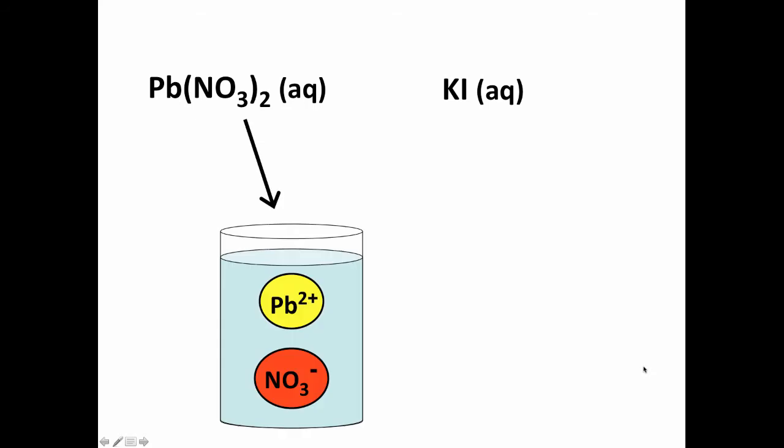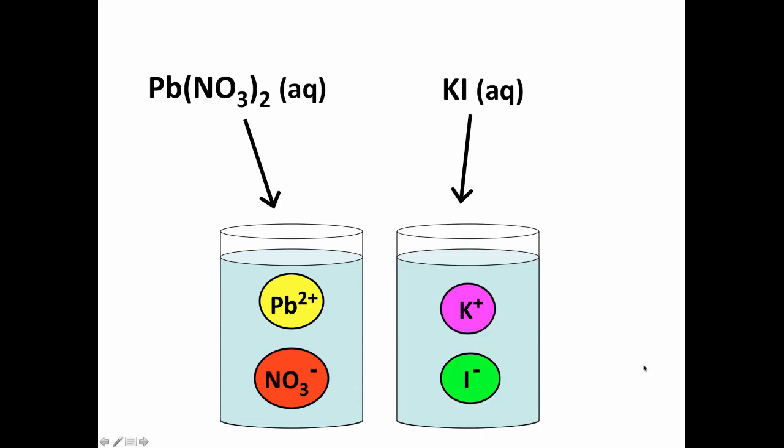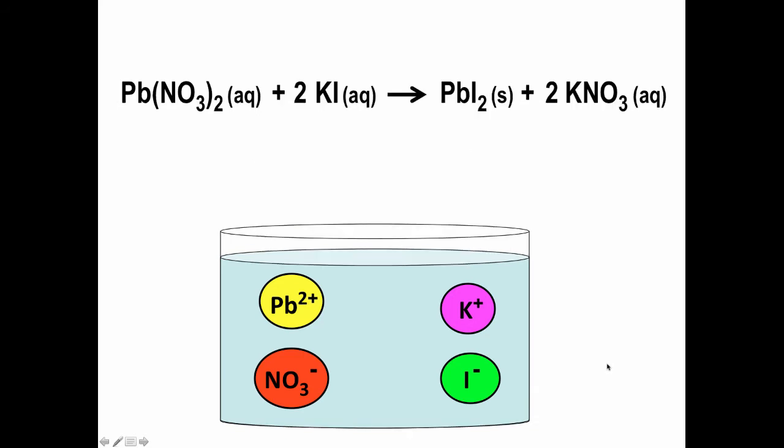Now let's look at this in a little more detail on a molecular level. Here's the lead 2 nitrate and potassium iodide, schematically shown very simplistically. The lead nitrate consists of lead ions and nitrate ions. The potassium iodide consists of potassium and iodide ions. And when we mix these together, essentially what can happen is the lead 2 plus, which had been in solution with nitrate, can associate with the I minus because positive and negative attract.